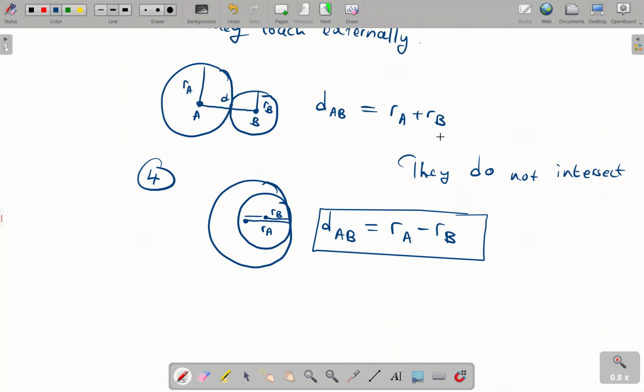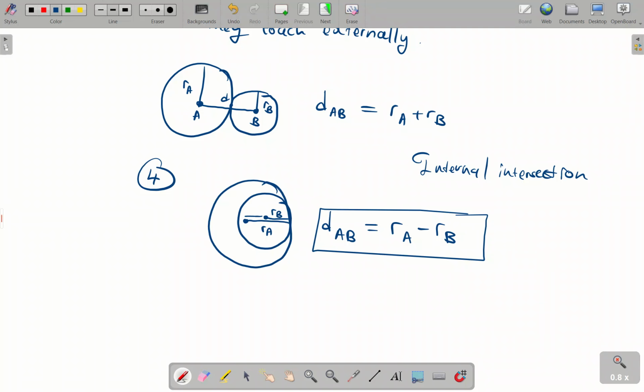This is when they intersect internally, guys. So let me remove that. So internal intersection. I think that's it, guys. That's what I have for you.